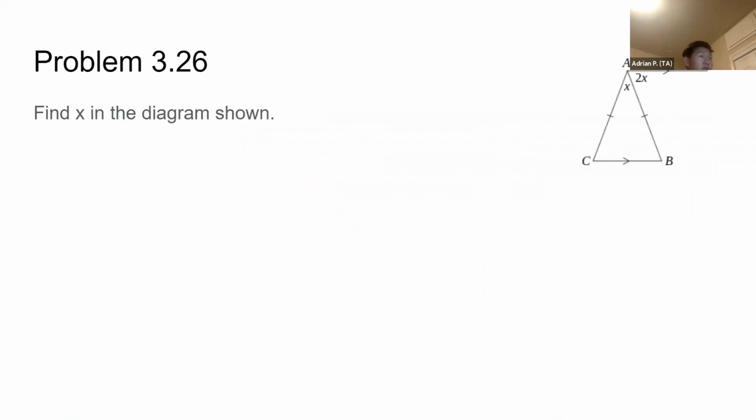Okay, so the next question, just find what x is. Okay, I need to annotate this one, and I'm going to talk very fast. This angle equals this angle, which equals this angle.